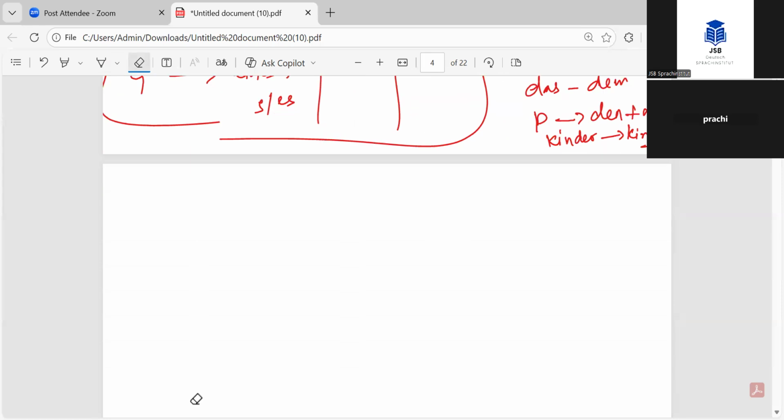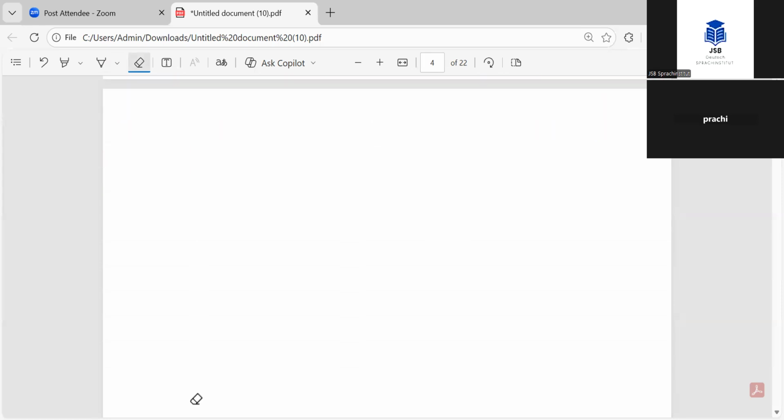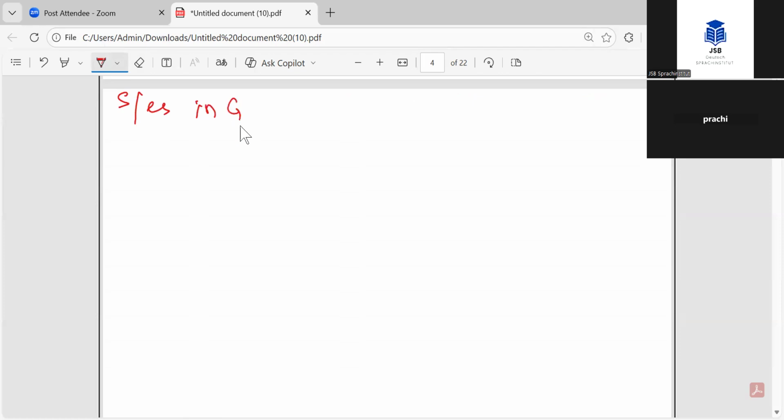Why do we add s or es in the genitive sentence? So in German, genitive shows position, right? So whose it is, we can talk about.